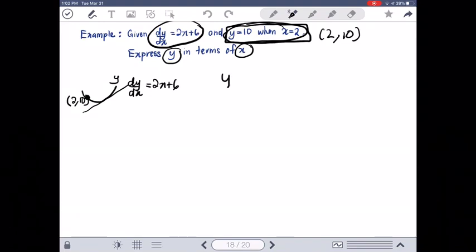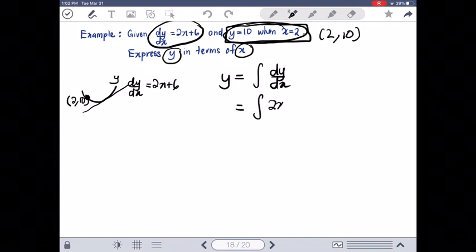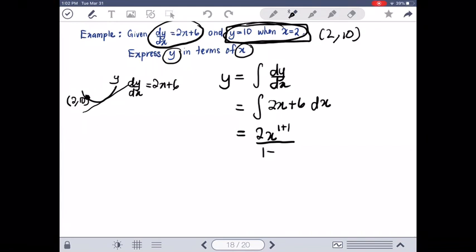Okay, to find y, we need to integrate dy over dx with respect to x. So we need to integrate the function 2x plus 6 with respect to x. Do the normal integration process. We will get 2x to the power of 1 plus 1 over 1 plus 1, plus 6x plus c.